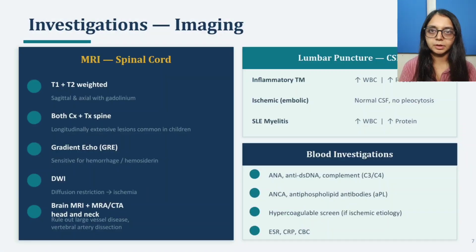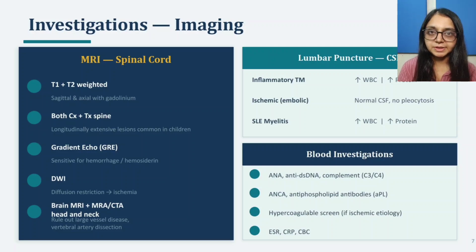Your first line investigation is MRI of the spinal cord, both cervical and thoracic, because longitudinally extensive lesions are common in pediatric populations. What sequences do you need? T1 and T2, sagittal and axial, with gadolinium. Gradient echo, GRE, is sensitive for hemorrhage.